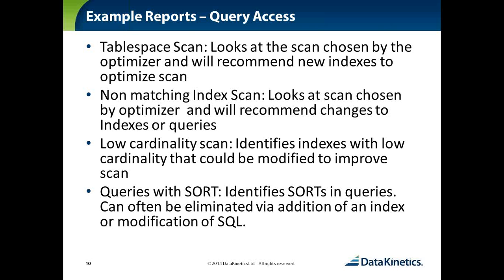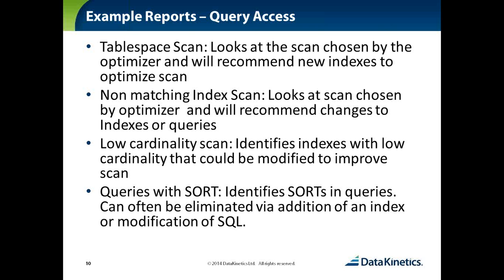Another report is the non-matching index scan. So this looks at the scan chosen, again, by the DB2 optimizer, and will recommend any changes to index or queries to improve things.